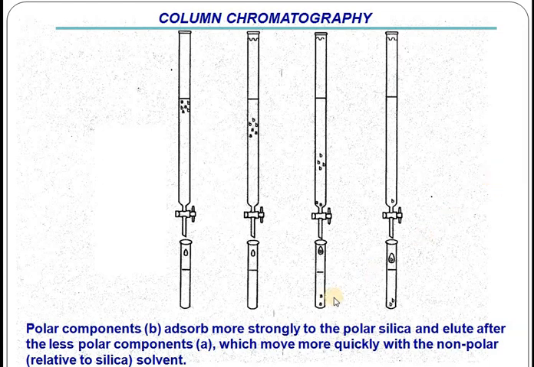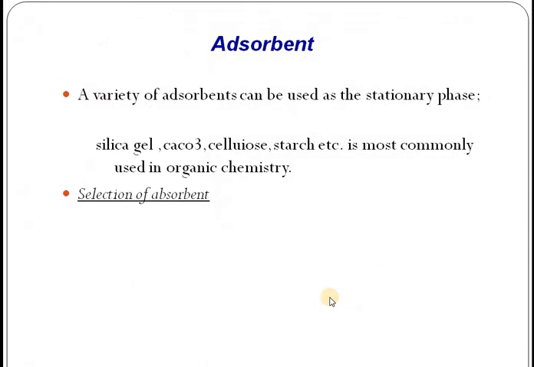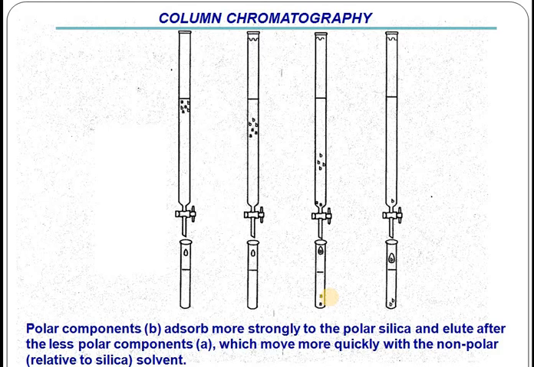Here are A and B. You can see here A, B, B, B. This is a mixture.